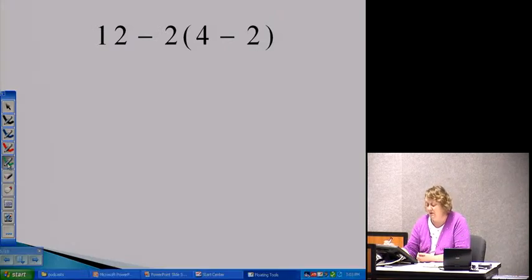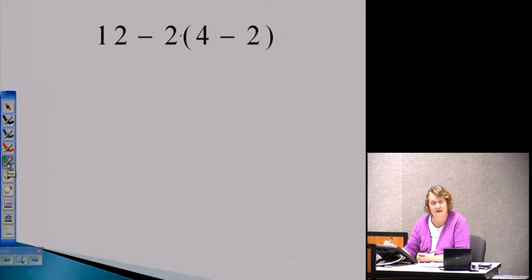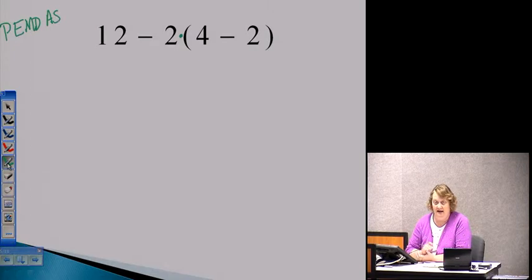So in this problem, we have an implied multiplication, as you can see, that little green dot appearing. Now, the next thing we need to do is do the parentheses first, because remember, we're still working on our Please Excuse My Dear Aunt Sally.